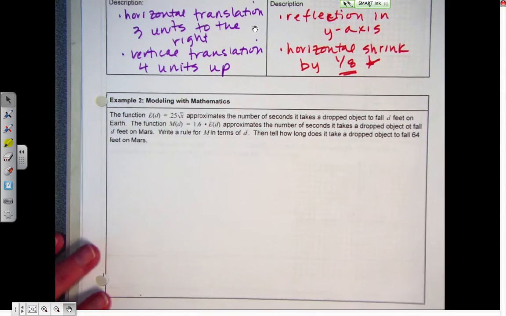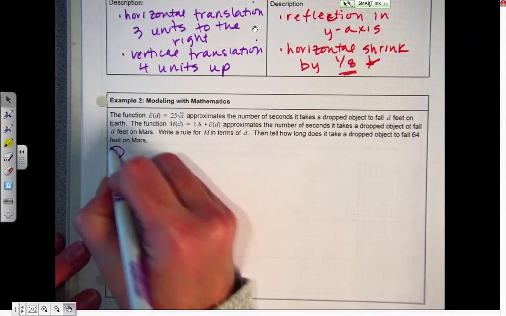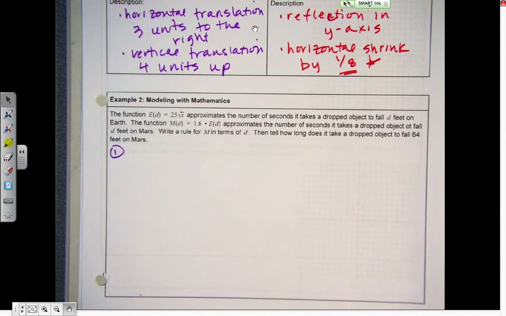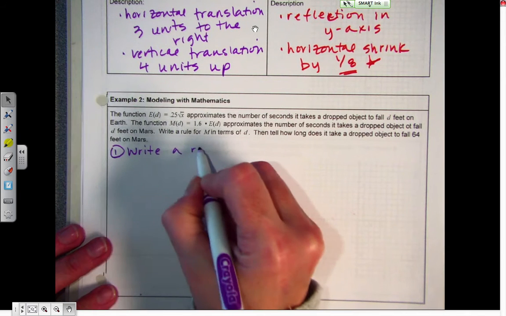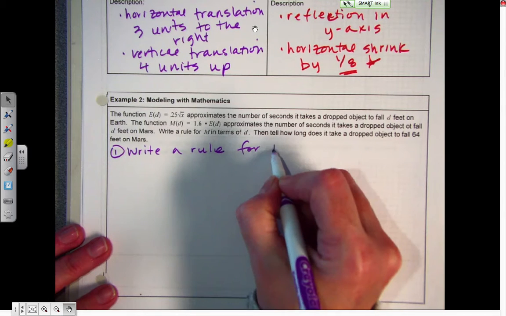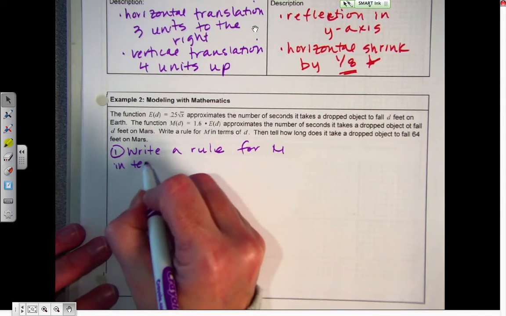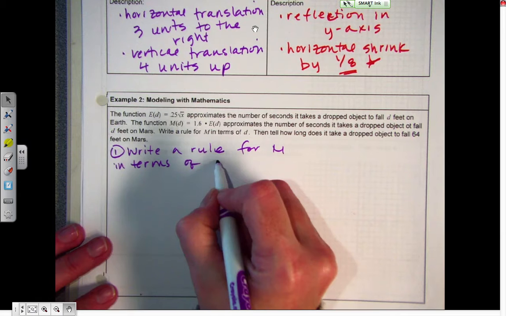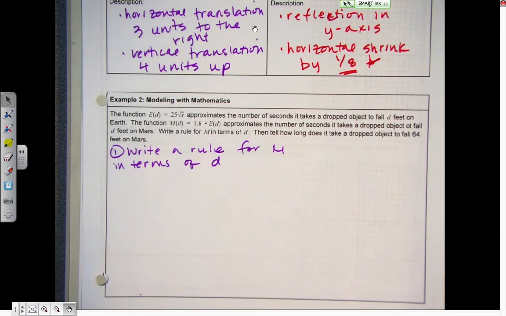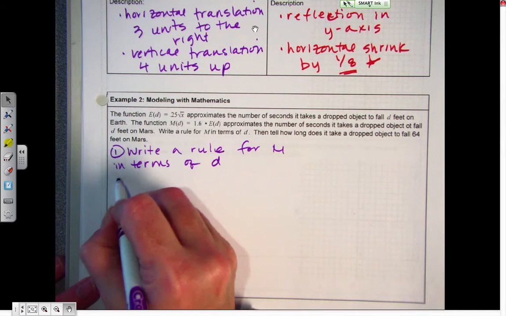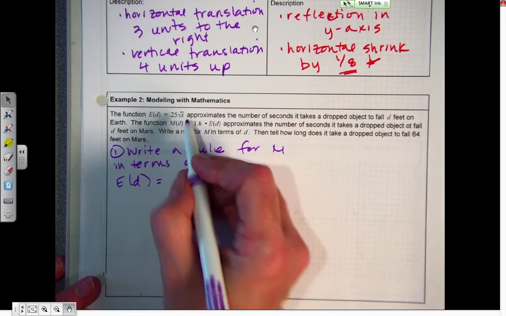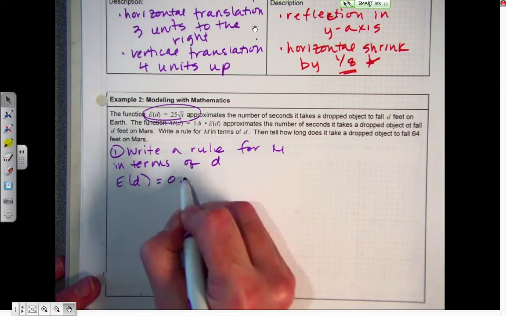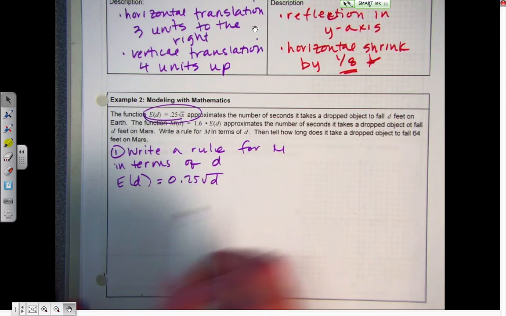So first thing, we're going to write a rule for m in terms of d. So we have e of d equals, we were given that up here, 0.25 times the square root of d.